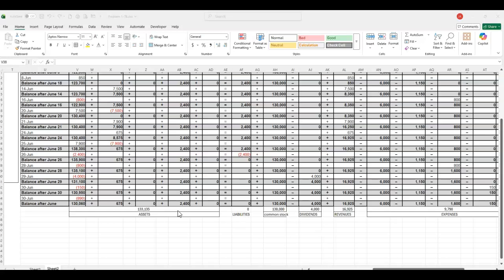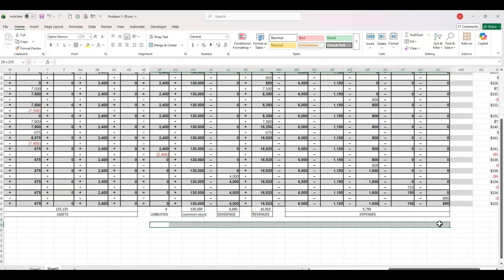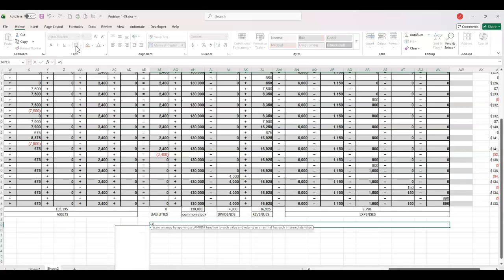And if we add up all the liabilities and equity, let's see what we get. Sum of all the liabilities and common stock, dividends, revenues, and expenses. Ooh, we can't add them up.